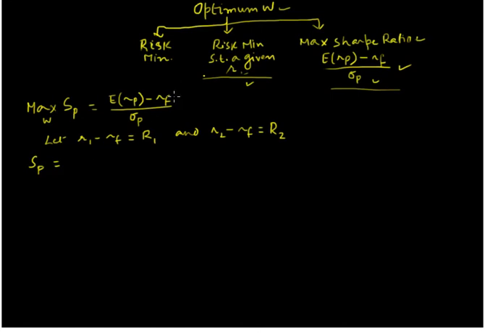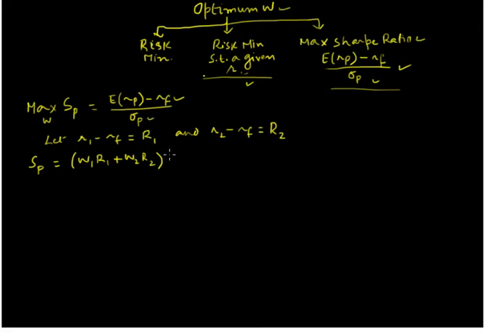We are writing this part first. The excess return on the portfolio is going to be simply equal to W1 times R1 plus W2 times R2. Now we are going to write the standard deviation, but I am going to take it upstairs.